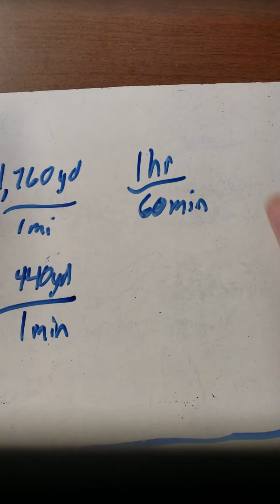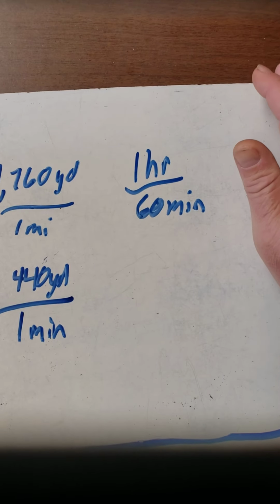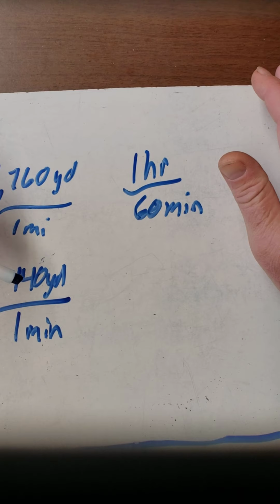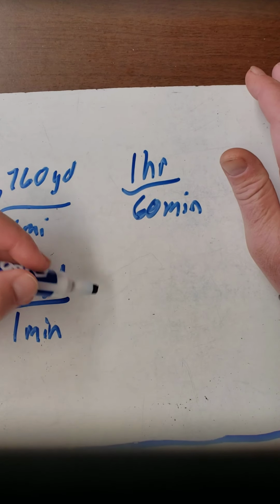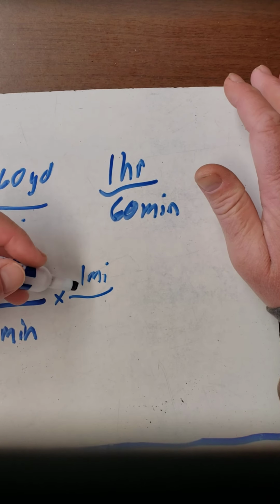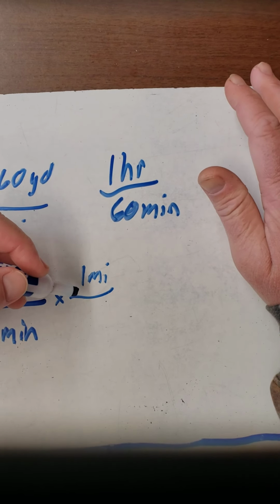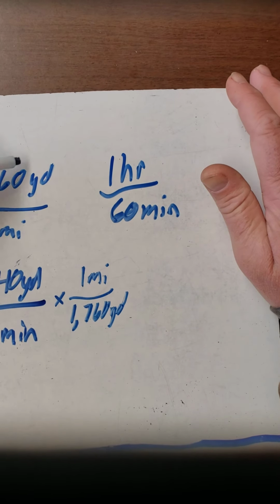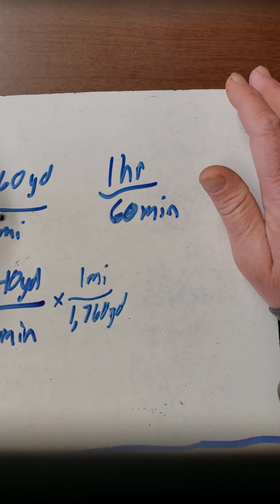Okay, so you can use whichever one you want to use, because you're wanting to get miles per hour. So we want 1 mile over 1,760 yards because that's how many yards are in a mile.